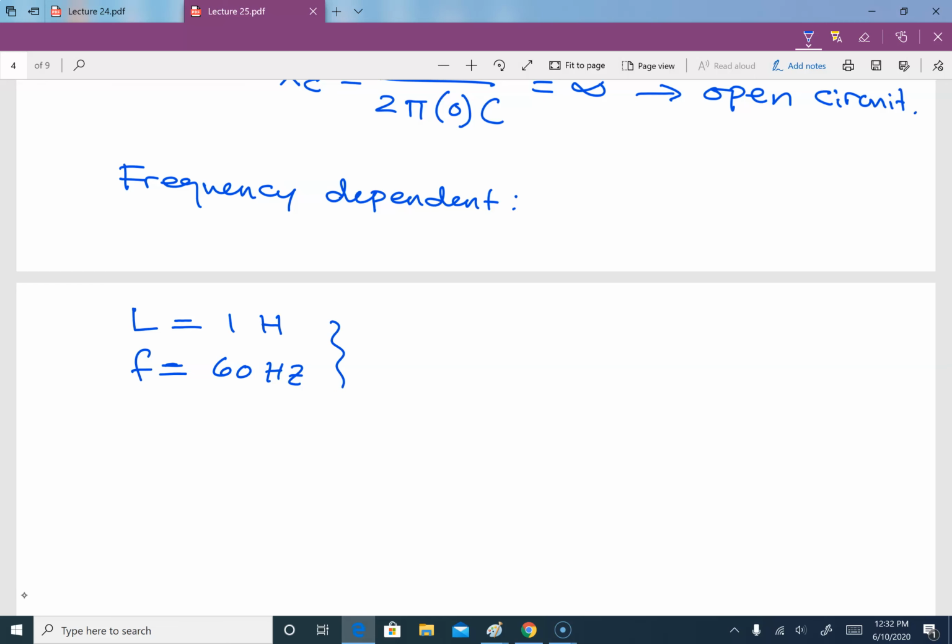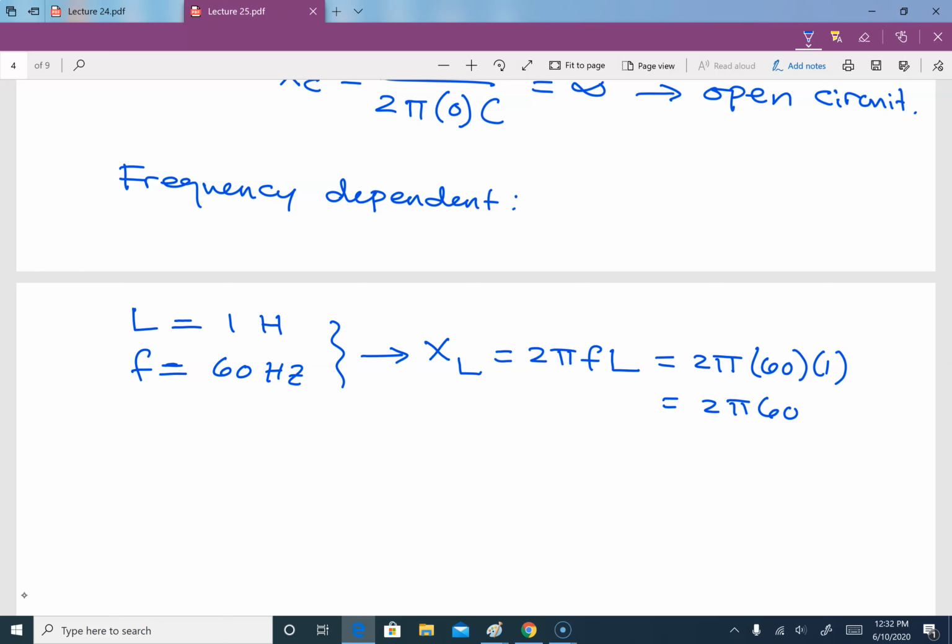Then from that, our X sub L is equal to 2 pi f L, right? So that is equal to 2 pi times 60 times 1.